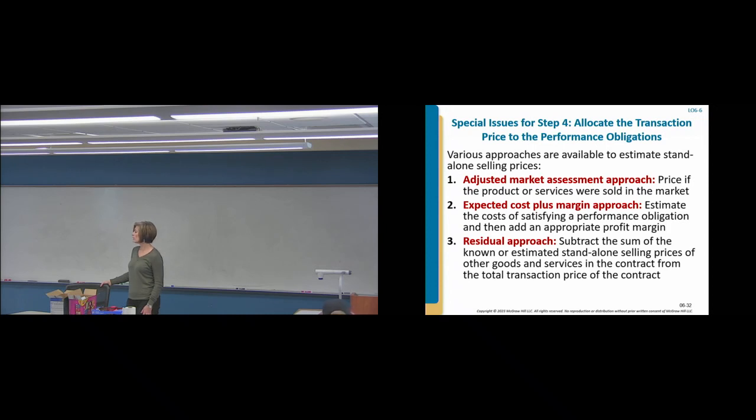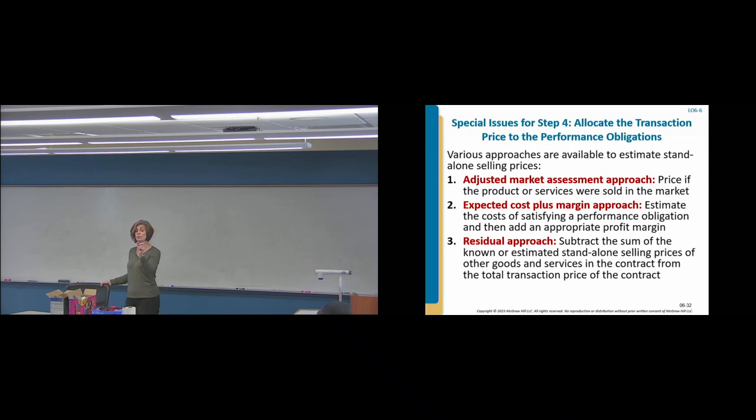You can also use what's called the expected cost plus a margin approach. You know how people mark things up above cost so that they make some money, right? So you're shooting for a specific profit margin in that case. And then the residual approach is to subtract the sum of the known or estimated standalone selling prices.